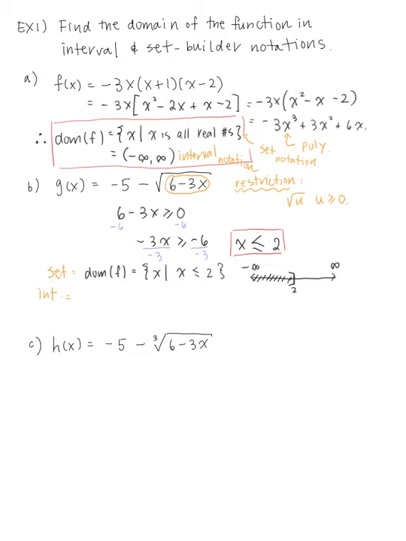That means we start from negative infinity and end at 2, but 2 is included, so you put a bracket around it. So our interval notation is going to be open parenthesis, negative infinity, comma, 2, close bracket. Once again, on the infinity or negative infinity side, you better have open parentheses, no matter what. All right, so here it is. This is going to be our answer.